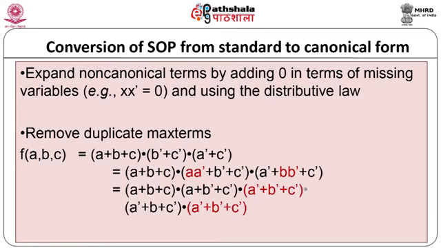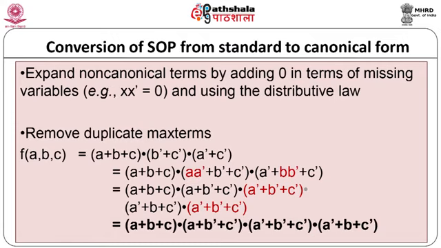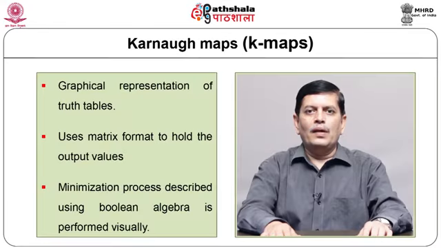All these terms could be expanded using the distributive law, and finally, the product of max terms contains 4 terms. So, this is the way we convert the product of sum form in standard form into canonical form.